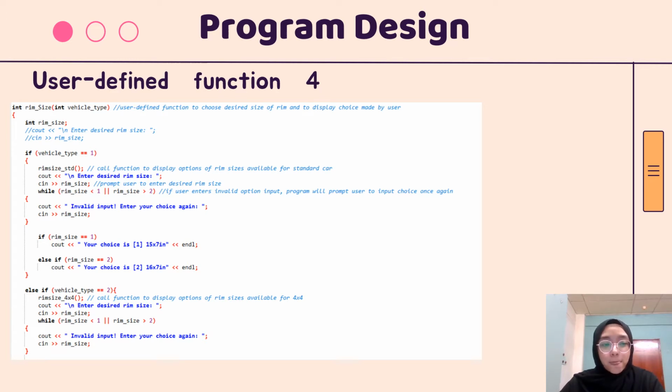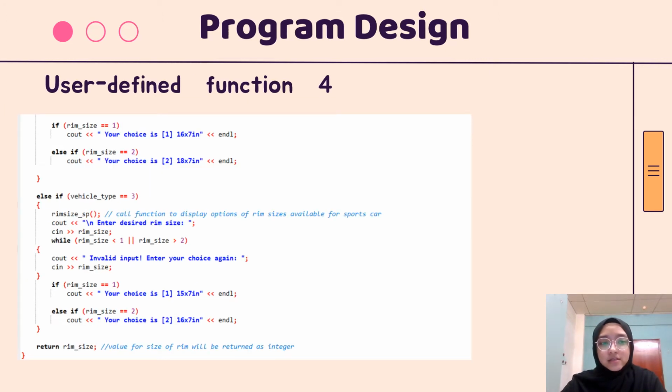If vehicle type chosen by the user previously is 4x4, then the function to display options of rim sizes available for 4x4 will be displayed by calling the function rim size underscore 4x4.